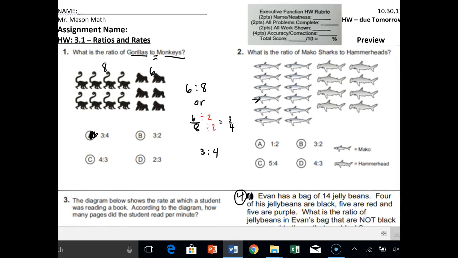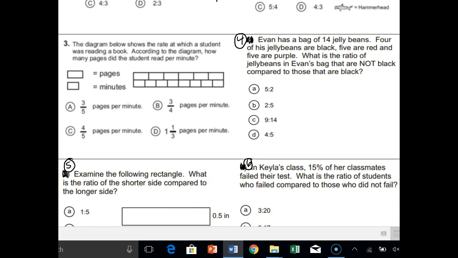All right. Let's go down to number 3. The diagram below shows the rate at which a student was reading a book. According to the diagram, how many pages did the student read per minute? So here we have minutes on the bottom and pages on the top. If we take a look at this, we have 1, 2, 3, 4, 5, 6 pages to 1, 2, 3, 4, 5, 6, 7, 8 minutes.